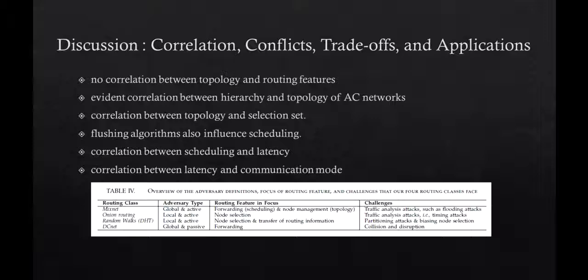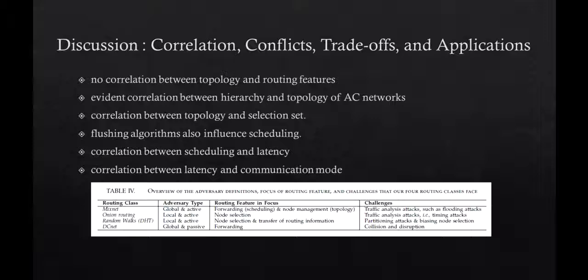Fifth is correlation between scheduling and latency. Yeah, that's obvious. Sixth is correlation between latency and communication mode. Because replies are not going to be sent in a short time, high latency AC networks will only need message-based communication.